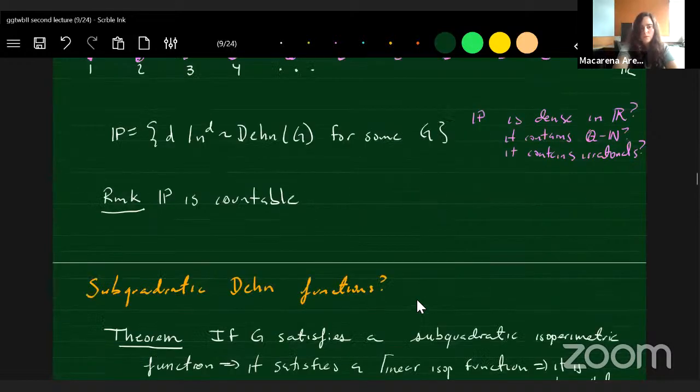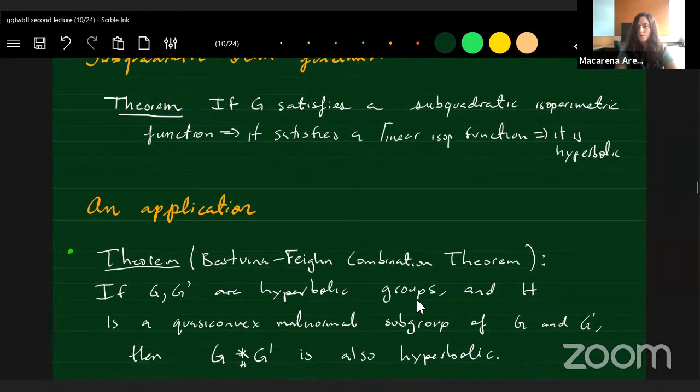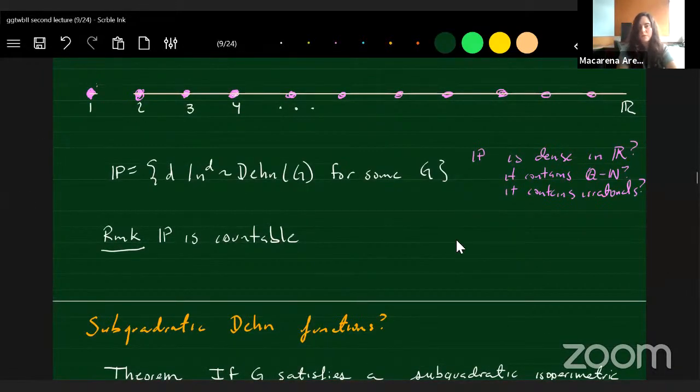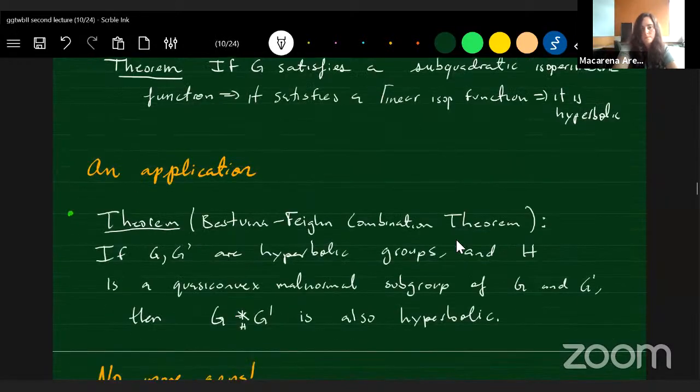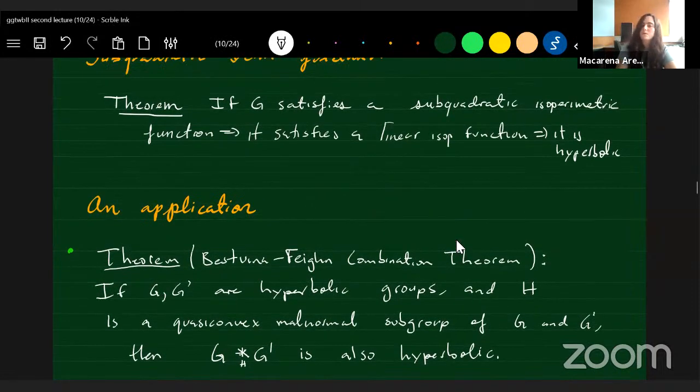Now I just want to comment that this theorem is not just an amusing fact. It has applications. It's useful to know the structure of the isoperimetric spectrum. I think I forgot to say that, but this is called the isoperimetric spectrum. One such application is Bestvina-Feighn's combination theorem.